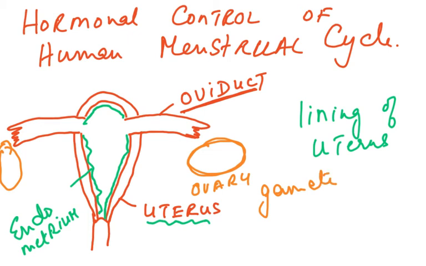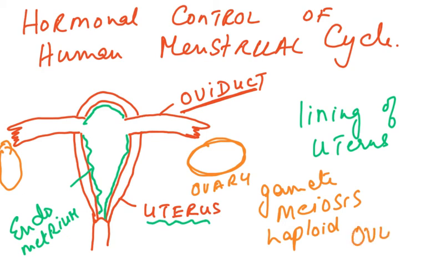Meiosis is going to take place here, and the gamete will contain the haploid number of chromosomes. So the gamete, the ovum, is produced here by meiosis. We've talked about this in an earlier chapter as well. So ovum, gamete, meiosis, haploid, right?